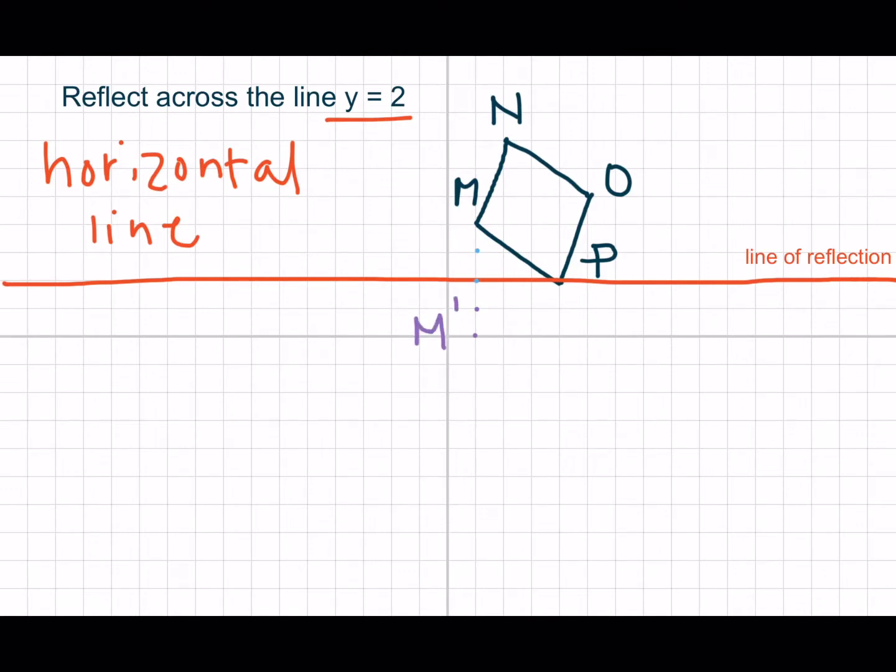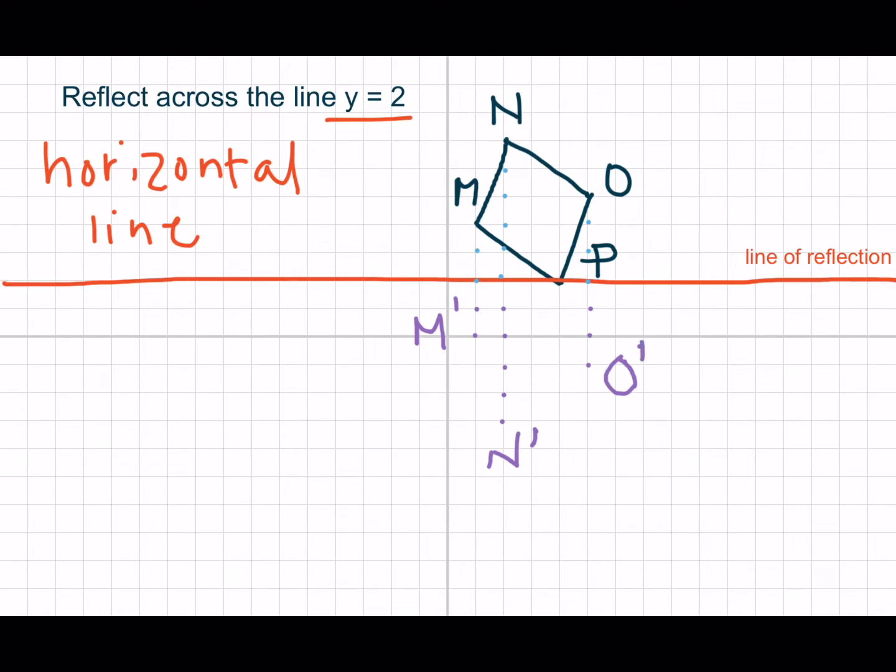Let's go with N. N is 1, 2, 3, 4, 5 units above. Match that below. 1, 2, 3, 4, 5. N prime. O is 1, 2, 3 units above. Match that below. 1, 2, 3 units below. O prime.